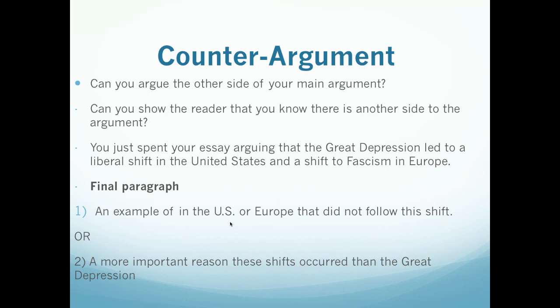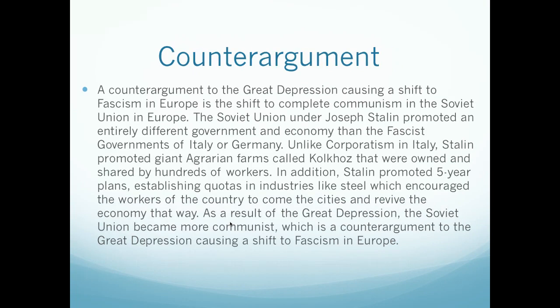And so my counter argument here, I said, a counter argument to the Great Depression causing a shift to fascism in Europe is the shift to complete communism in the Soviet Union in Europe. I specify in Europe here to show, hey, the Soviet Union's in Europe, and this wasn't a shift to fascism. I said the Soviet Union under Joseph Stalin promoted an entirely different government and economy than the fascist governments of Italy or Germany.